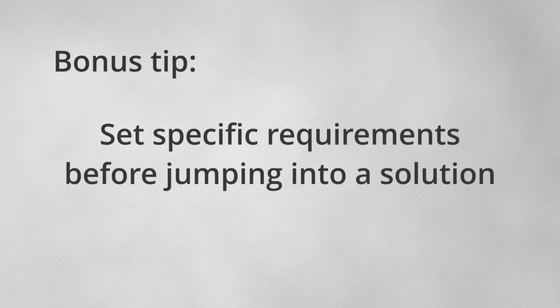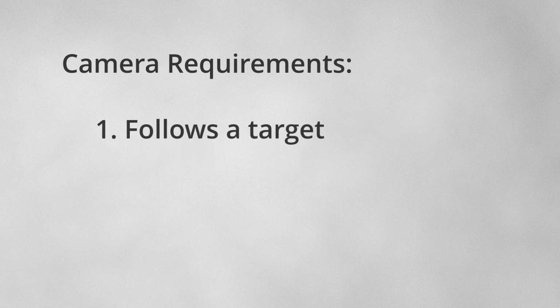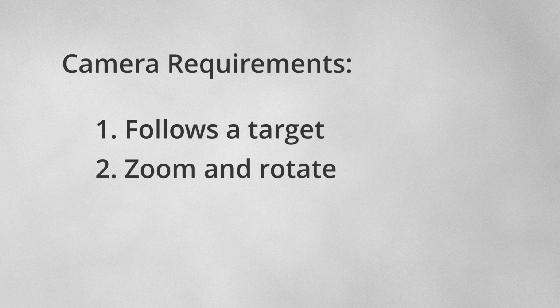So before I start coding, I also like to set out specific requirements for things that I need, so I have a checklist to come back to as I'm coding. So let's set out some requirements for what the camera needs to do in order to solve the problem that we defined earlier. So 1, the camera needs to be able to follow moving targets. 2, the camera needs to be able to zoom in and out.